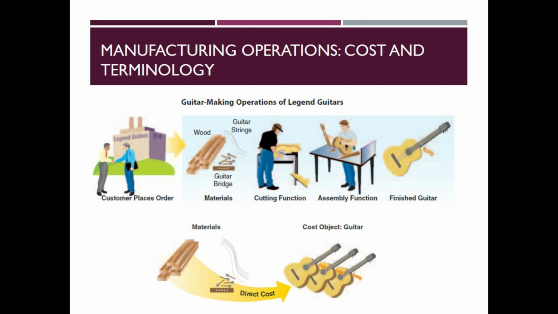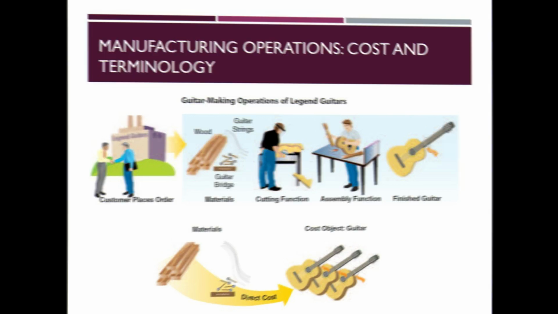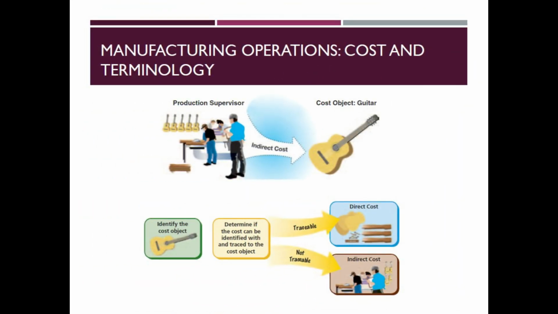For this example, the cost of the wood is considered a direct cost because it can be traced to the final product, which is the guitar. The indirect costs cannot be identified with or traced to a cost object.